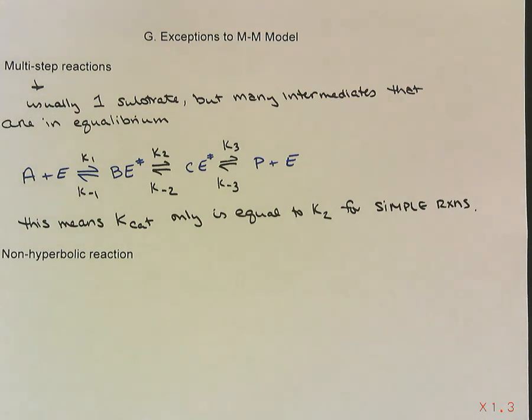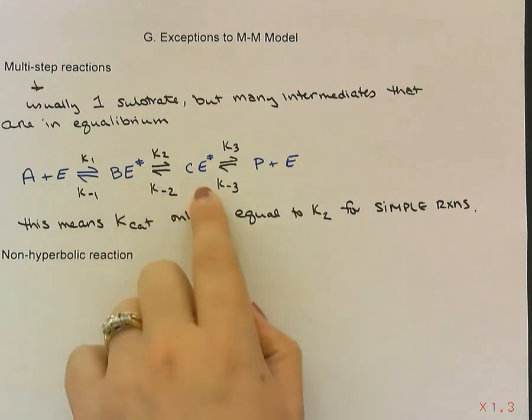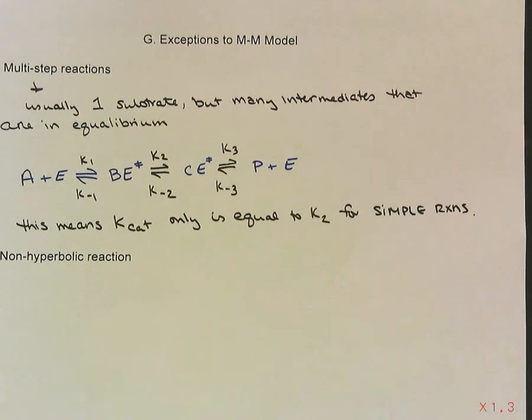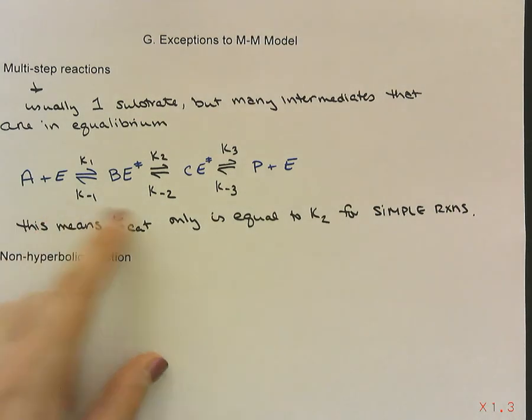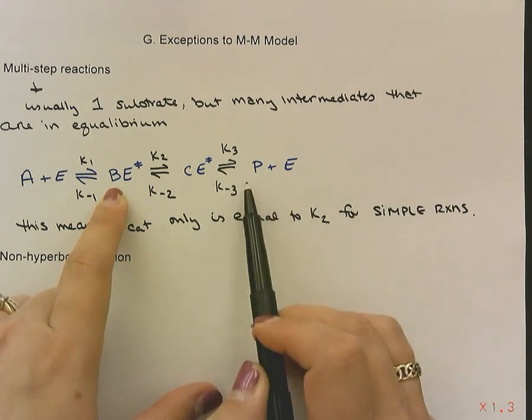How is there one substrate, but there's A, B, and C? Because I'm just showing it as a transition state to kind of distinguish them. If I had A double dagger, P plus E, that may be confusing. Apparently this is equally confusing. A plus E makes this new combination where B is an intermediate. It's not all the way to P yet, it's somewhere in between.